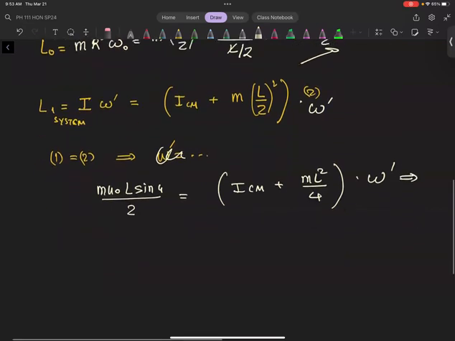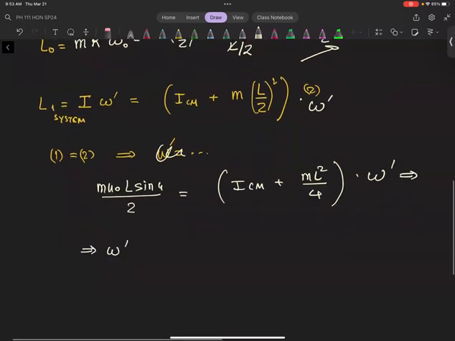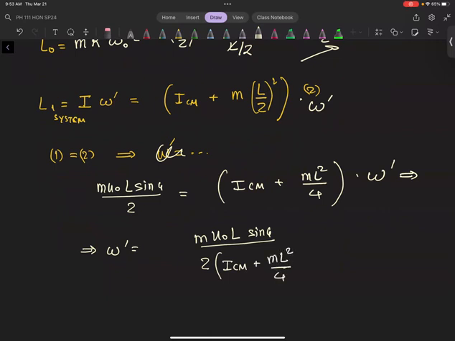And then you solve for omega prime. And this is going to be... that's it. Right? Put any numbers you want. Up to you.